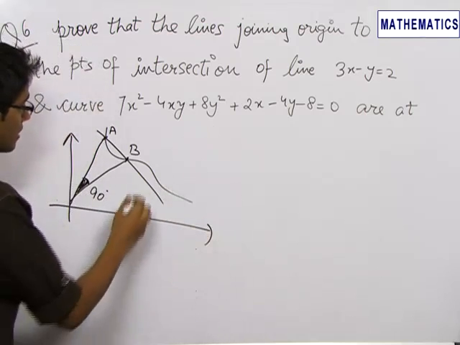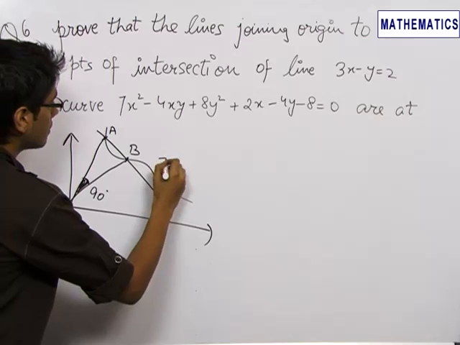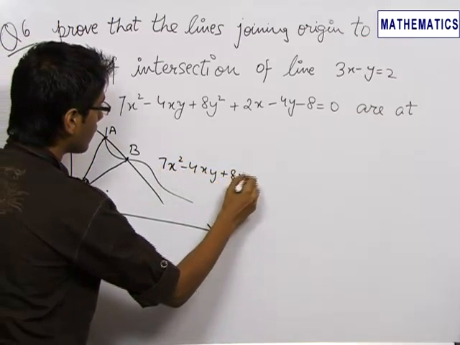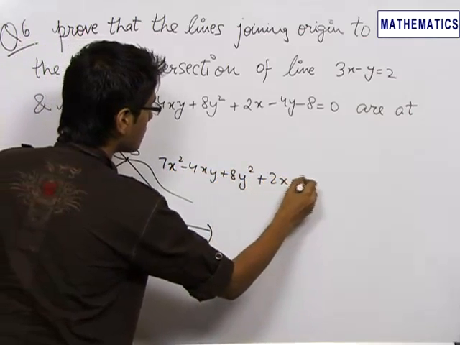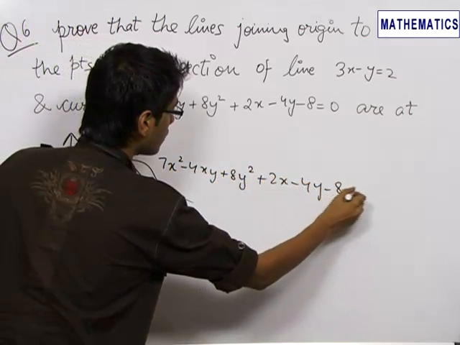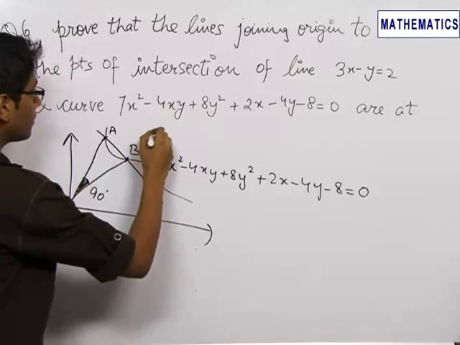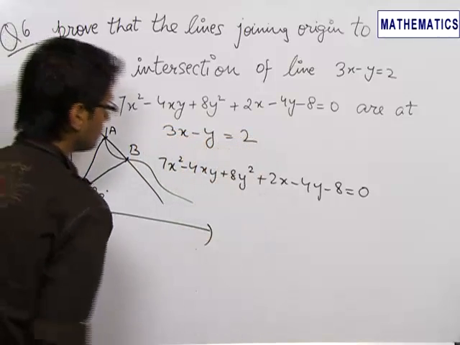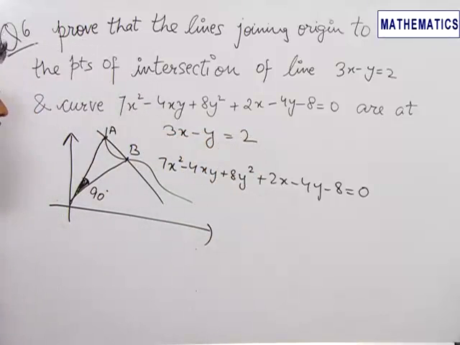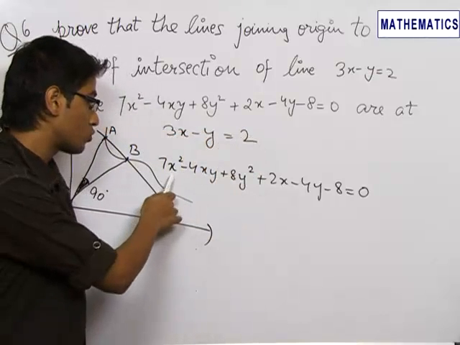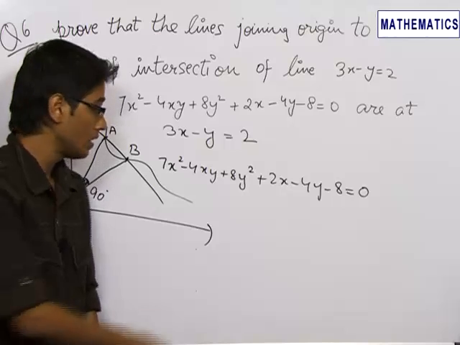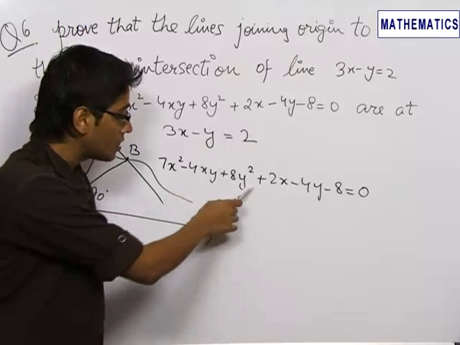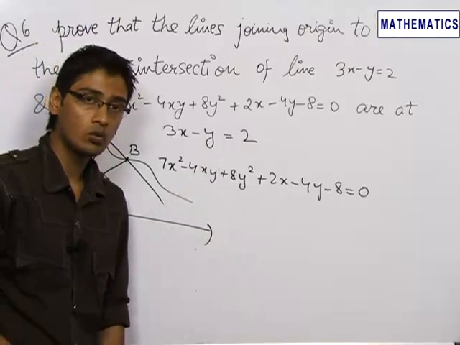For this we homogenize the curve 7x square minus 4xy plus 8y square plus 2x minus 4y minus 8 equals 0 using the line 3x minus y equals 2. In homogenization, what we see is this is x square term which is having 2 degree, this is xy term which is also having 1 plus 1 equals 2 degree, and this is y square terms which is also having 2 degrees.